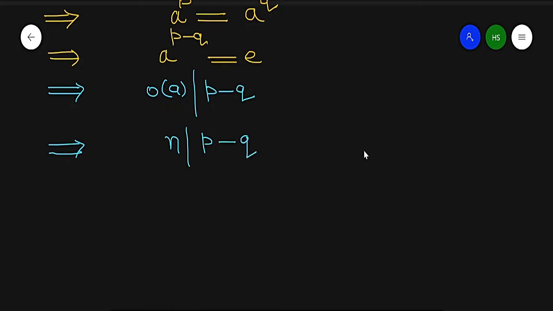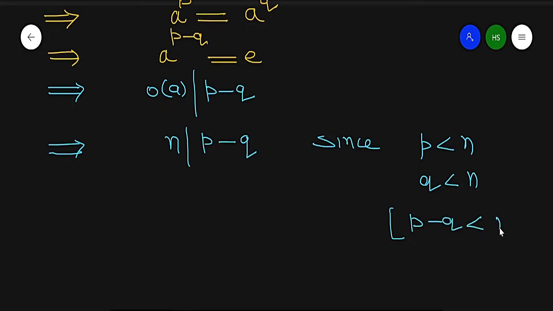Since p is less than n and q is less than n, p minus q is always less than n in absolute value, but n divides it.